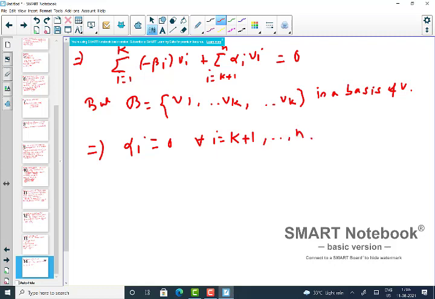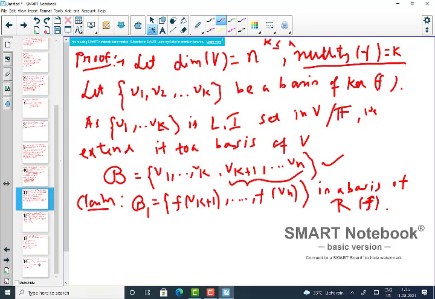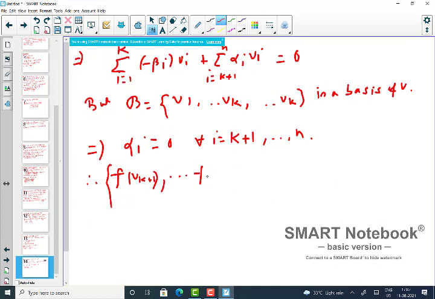So all those coefficients are 0, and hence what does that mean? That means, thus, this set f of vk plus 1 up to f of vn, which I defined as B1, is actually a basis for the image or range, whatever you say, of f.